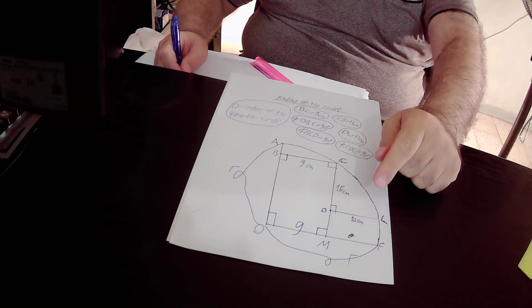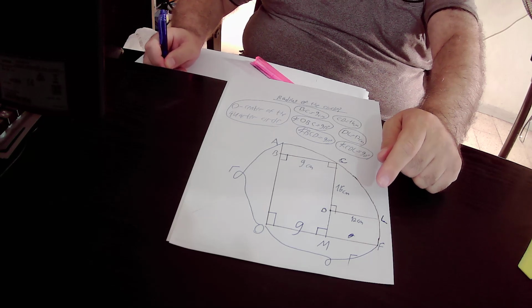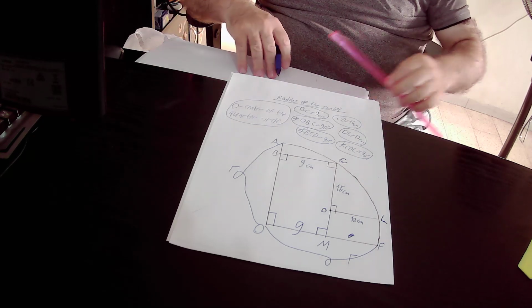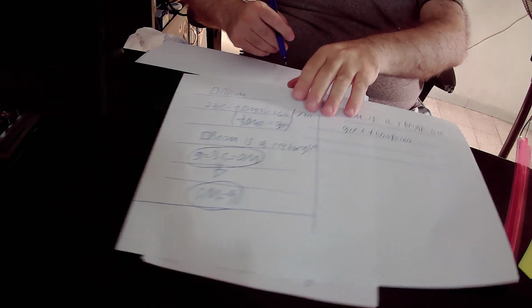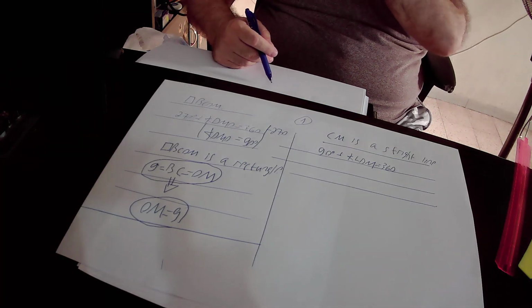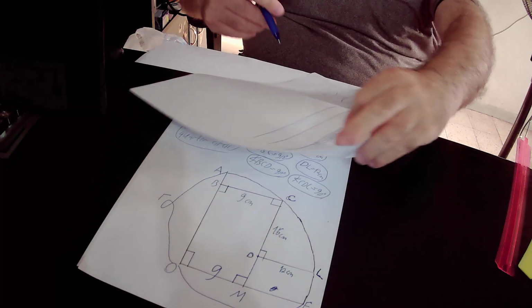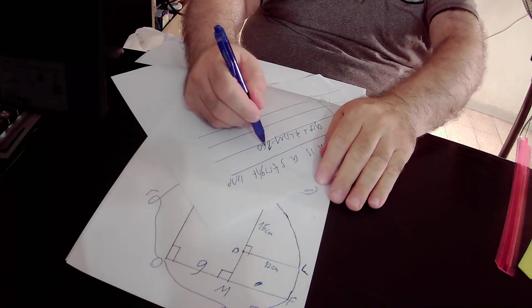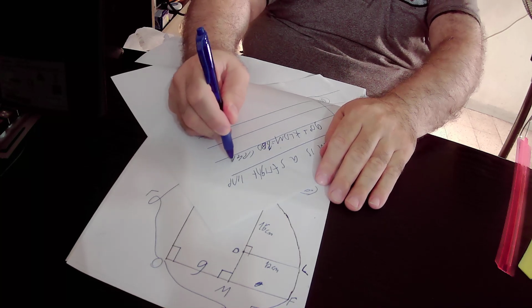In total, the sum of those two angles must be equal to 180 degrees according to rule number 3. And repeat again, 90 degrees plus the size of angle LDM must be equal to 180 degrees according to rule number 3.